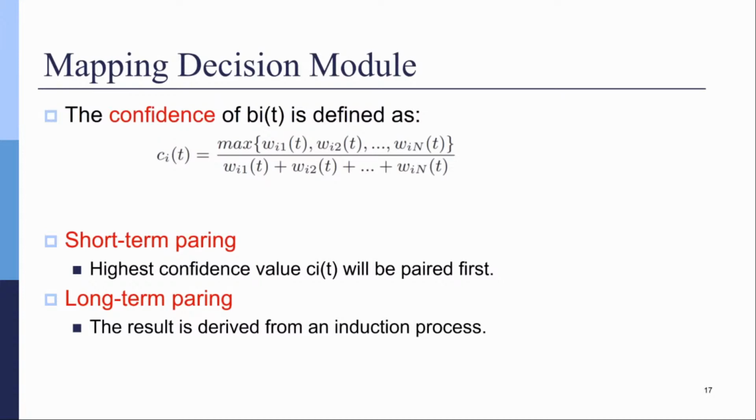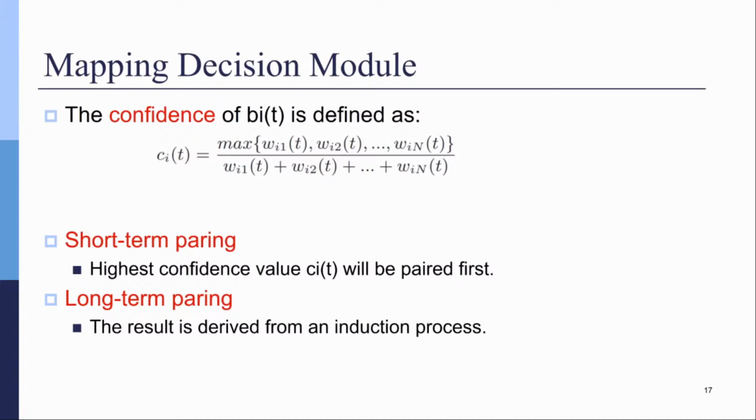Packet BI will be paired with vehicle VJ star when Wij star is the highest weight in all Wij. And then the confidence value of the remaining broadcast packets will be updated. After completing the update, the pairing procedure will be executed repeatedly.